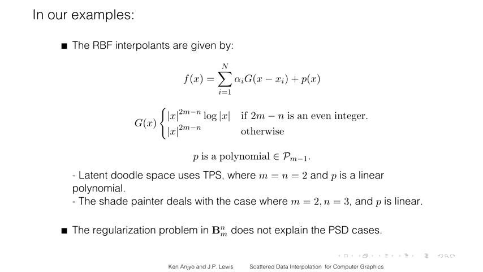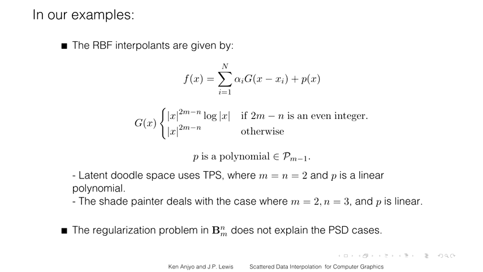Again, this is almost the same information, but in this case we review the RBF functions we showed today for the application part. In the case of thin plate spline, we take m equal n equal 2, and P is a linear polynomial.